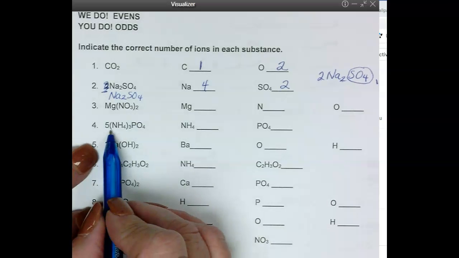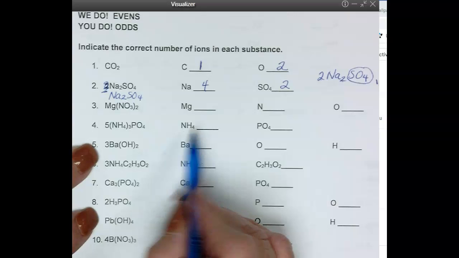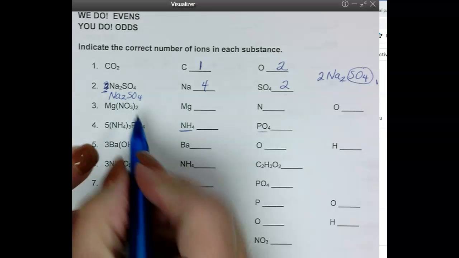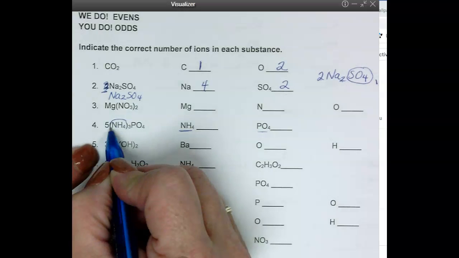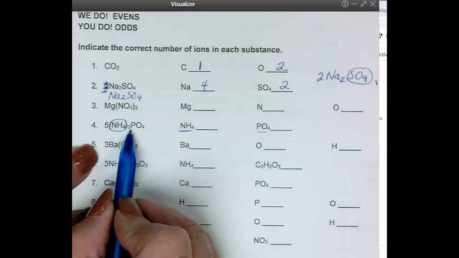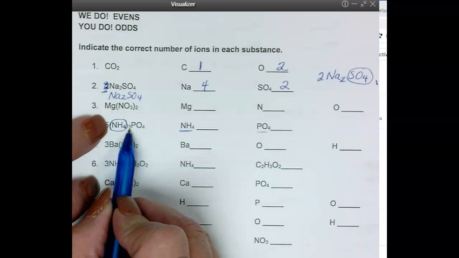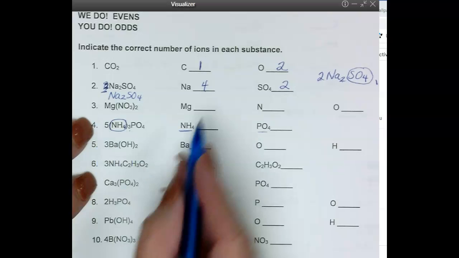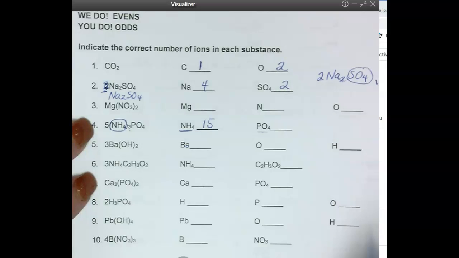So this one says that, now I'm going to leave the ammoniums together and the phosphates together, so I'm not separating them. So first I'm going to look at this one. That's my ammonium. There's a 3 out here, which means already I had to have 3 to balance the compound, but there's a 5 out here. So again, distributive property, 5 times 3, 15.